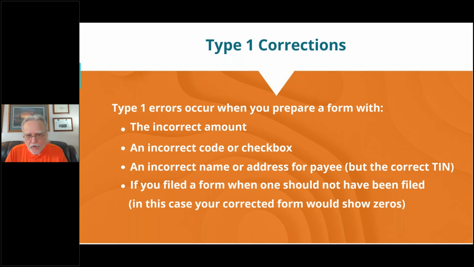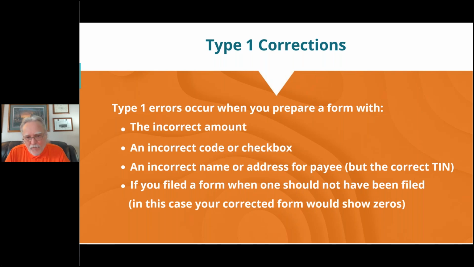Incorrect code or a checkbox, an incorrect name or address for the payee, and if you filed the wrong form, you have to go ahead and get those corrected here too.